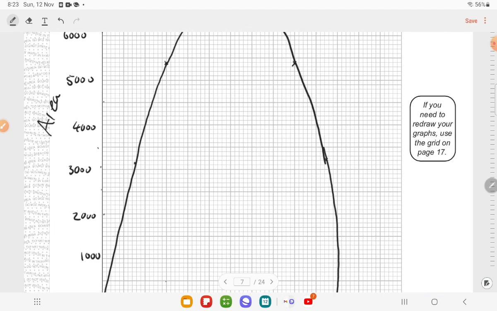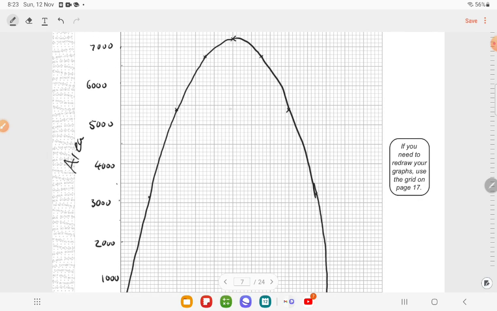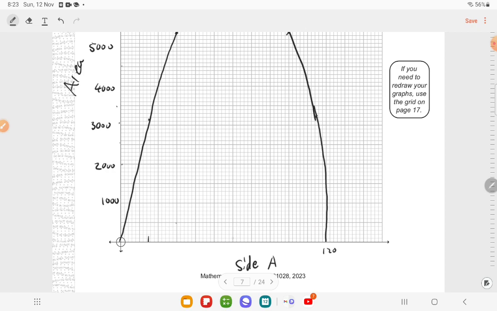Yeah, that should be symmetry. Wait, this should be 60. This is 60. Yeah.